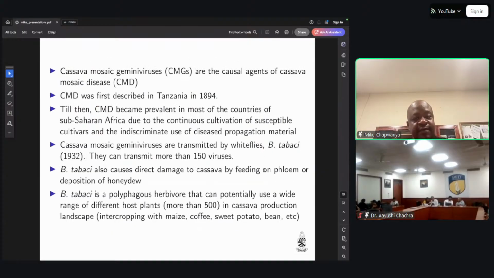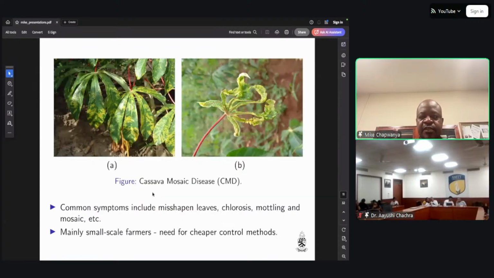So the cassava mosaic disease is the one that affects the cassava a lot, and of course affects the production. And the vector that carries this virus is the whitefly, Bemisia tabaci. Well, the symptoms that one can see is that the leaves start to turn yellow. And at the same time, they start to fold.